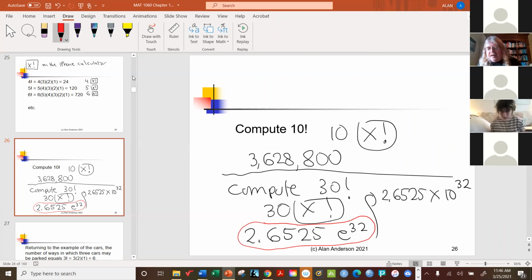That is a big, big number. That's why they're requiring scientific notation, because it will not fit otherwise. Okay, so I did chop off some of the decimals, but it's approximately 2.6525 E32, which means 2.6525 times 10 to the 32nd power, which is enormous.